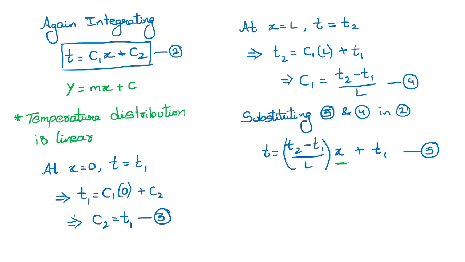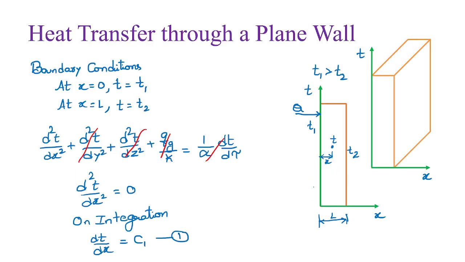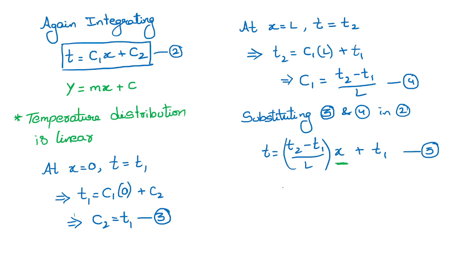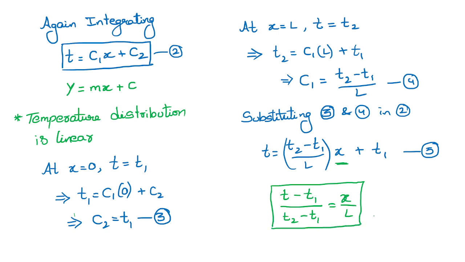Here we need to consider that the temperature distribution is linear, and in order to determine the temperature at some point x, we need to use this equation. To remember this equation easily, we can write it like this: T minus T1 by T2 minus T1 is equal to x by L. This will make the equation easier to remember.